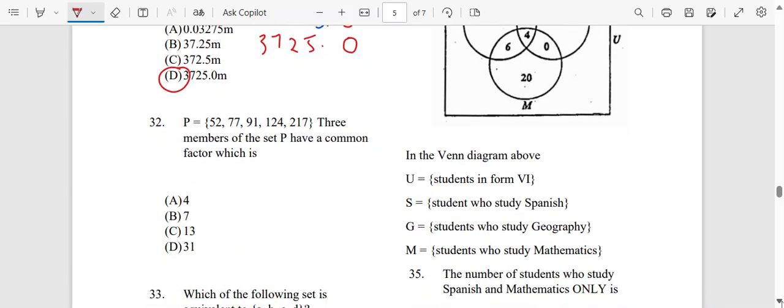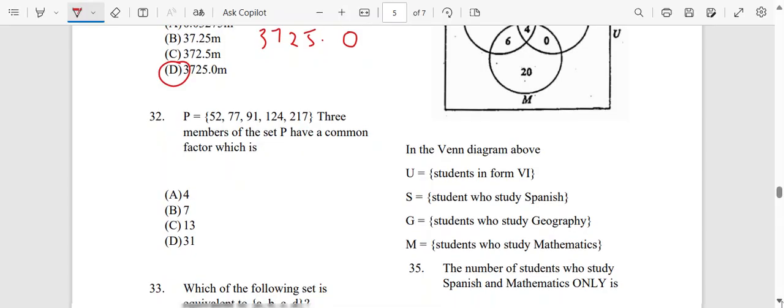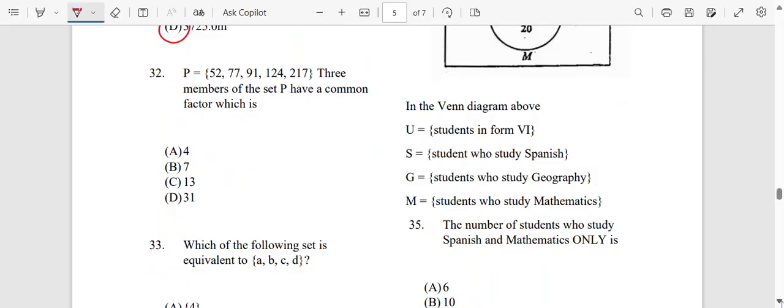All right, let's look at this now. P is 52, 77, 91, 124, 217. Three members of the set P have a common factor. What is that factor? The factor that is common to these, is it 31? Let's check. 52 divided by 31.